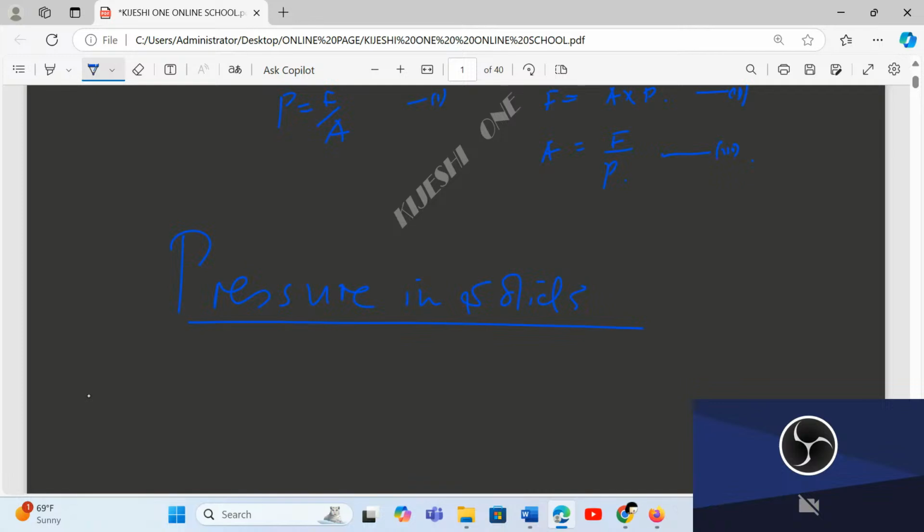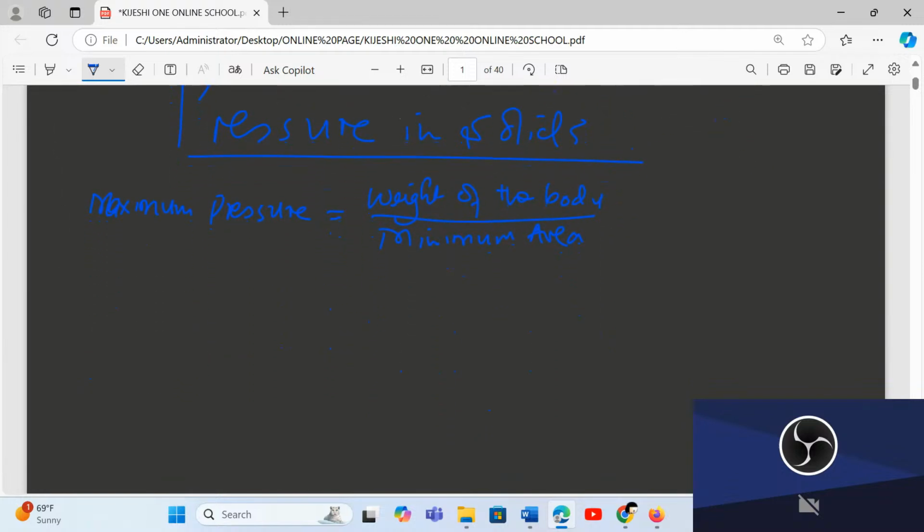So maximum pressure is given by the weight of the body over minimum area. This can be described by the moment you pick the tip of your pen and you press it against your skin.